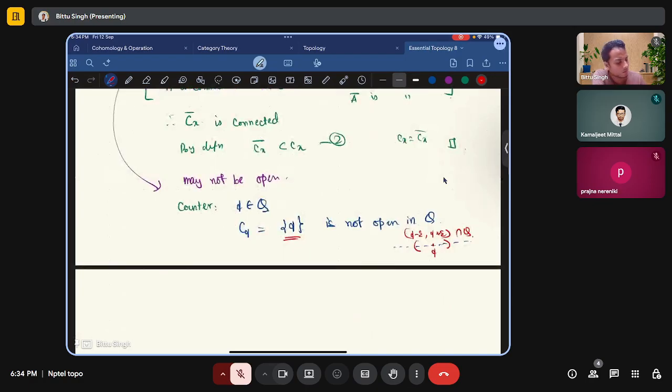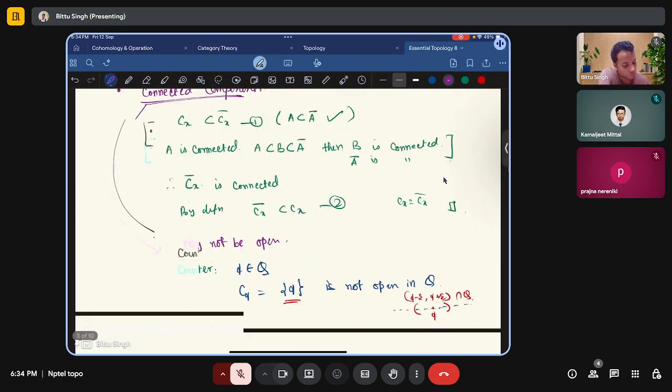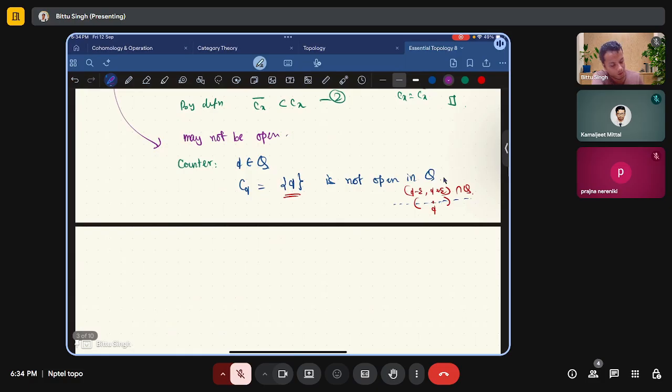Now let me say when this will be open. One condition is: if the number of connected components is finite, then connected components are open.